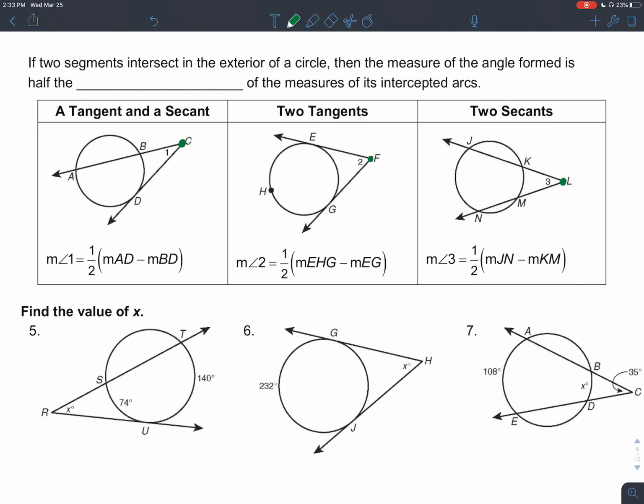When that's the case, instead of adding the two arcs and dividing by 2, we are going to subtract the two arcs and divide by 2. So we are doing half of the difference of the measures of the intercepted arcs.